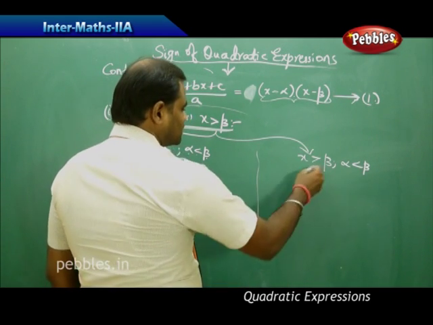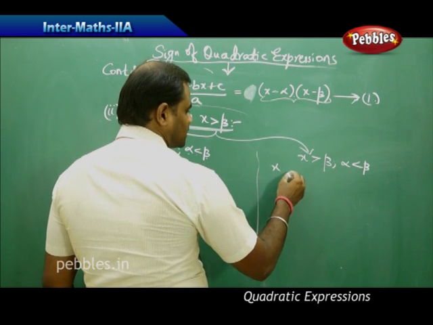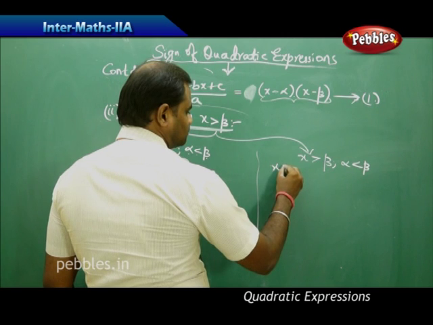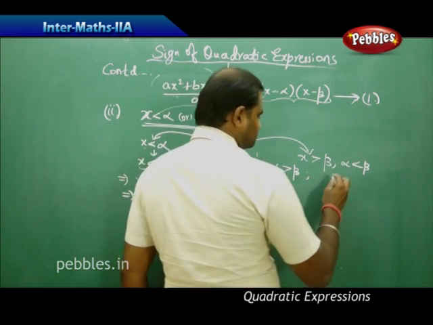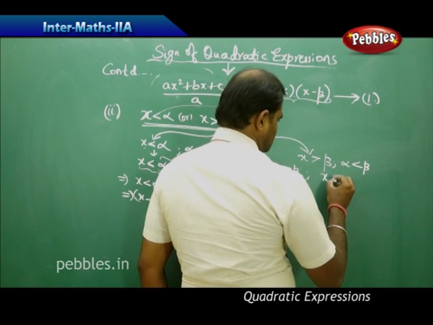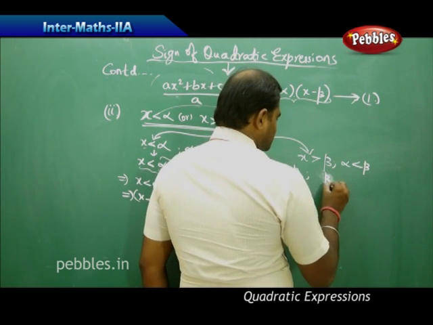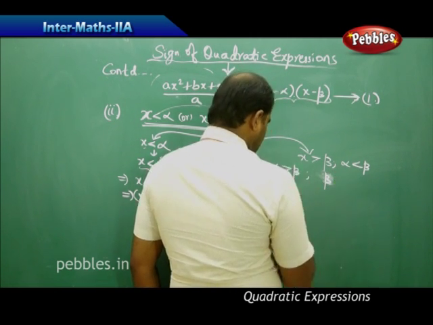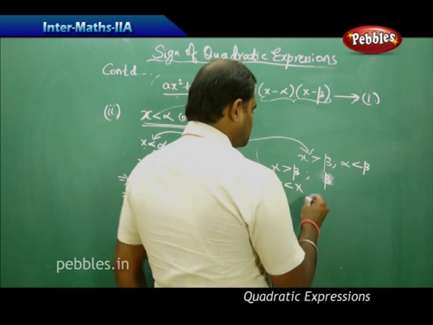Now let's see the second case of x greater than beta and alpha less than beta. So x greater than beta implies beta is less than x, but alpha is less than beta.